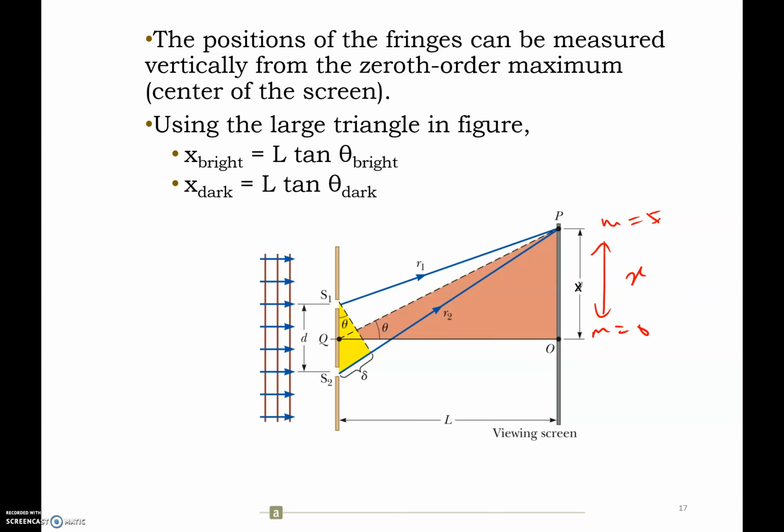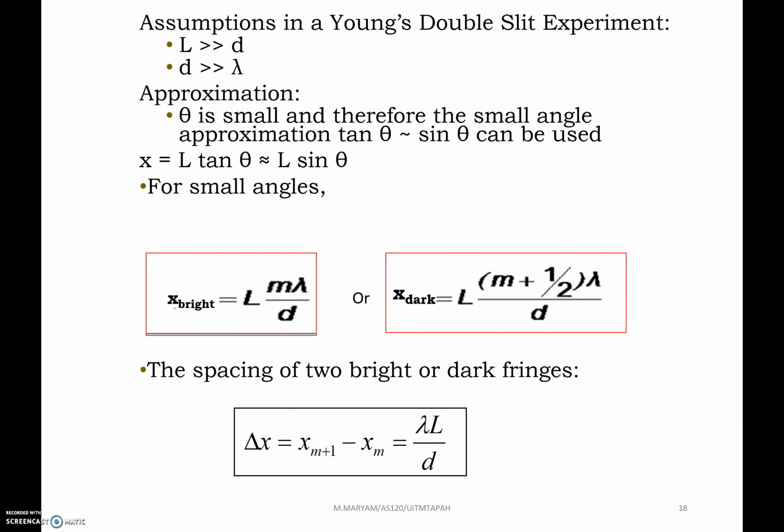To find x, we have the equation x bright is equal to m lambda L over d, or for dark bands, for minima, for destructive interference, we have x dark is equal to (m plus half) lambda L over d.